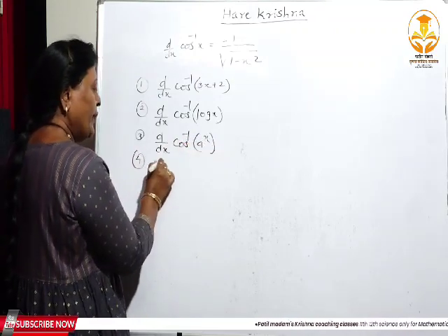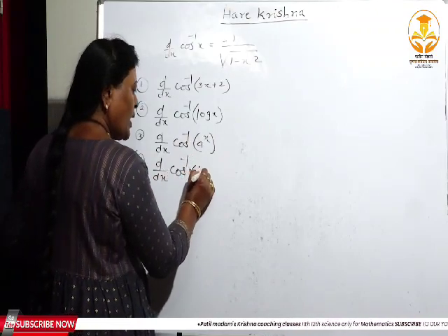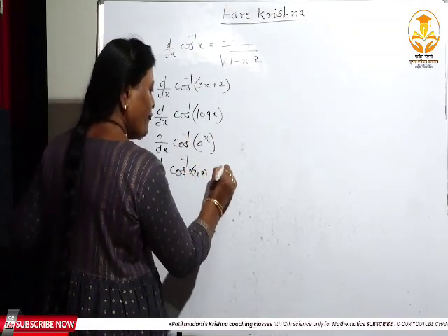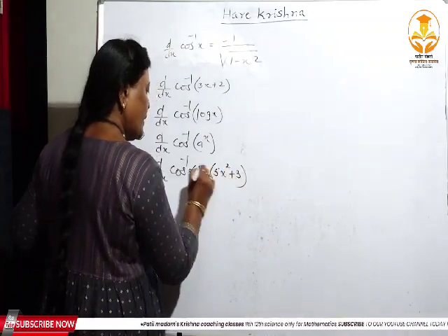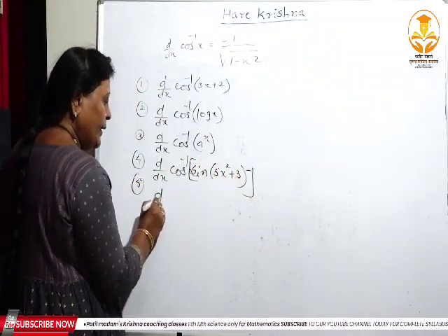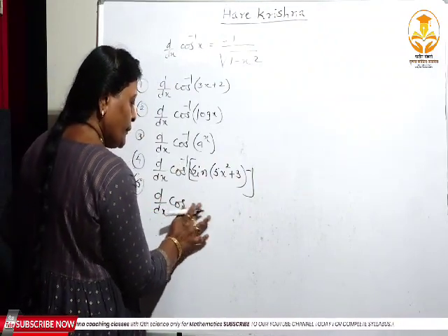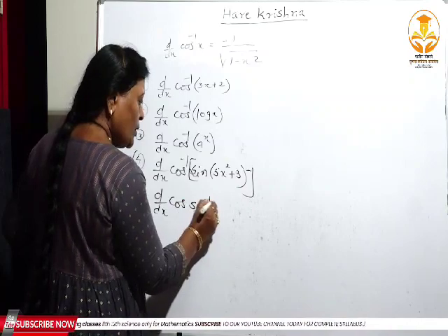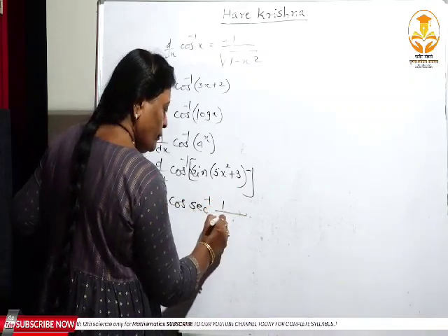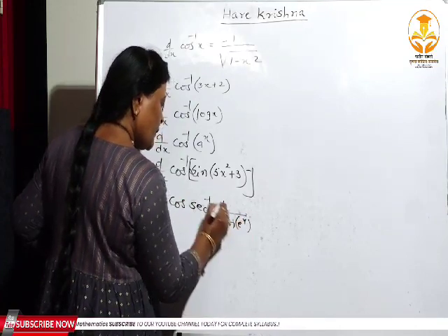Fourth one, d/dx of cos inverse of sine of 5x square plus 3. Again, fifth one, d/dx of cos of sec inverse of 1 upon tan of e raised to x.